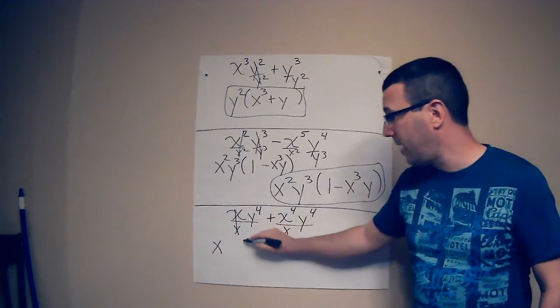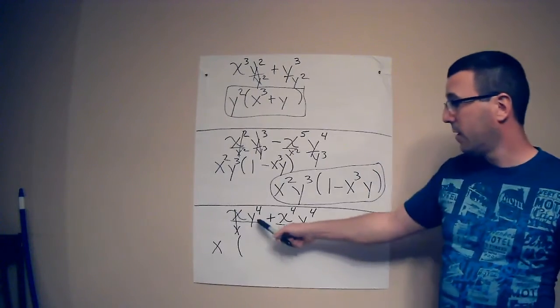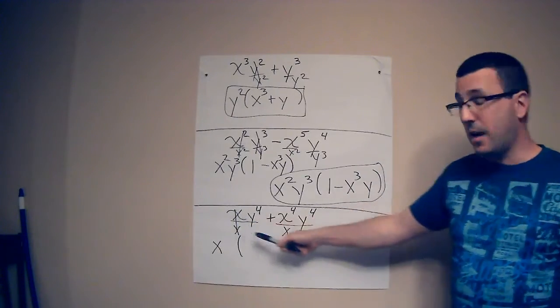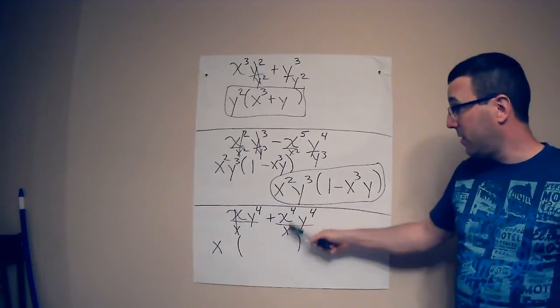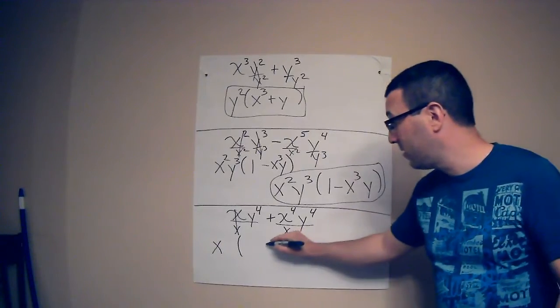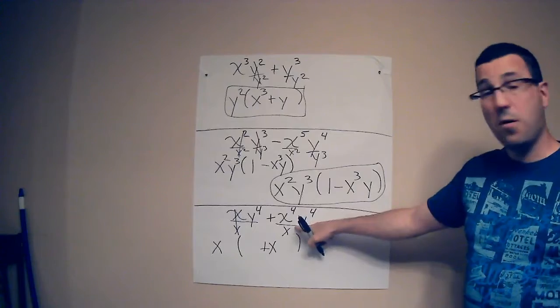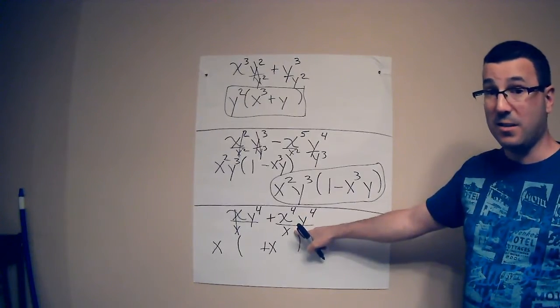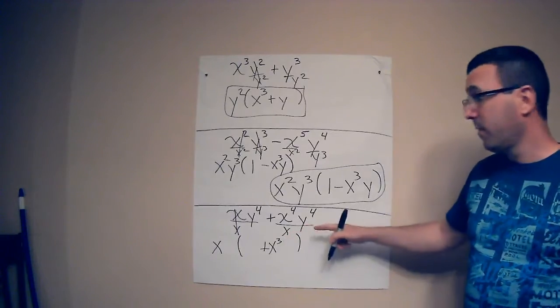This cancels out. Alright, so that cancels out. I haven't worked with the y yet, so I gotta wait. Plus, well, x to the fourth divided by x. I'm still gonna have an x, so plus x. 4 minus 1, because remember, x has an exponent of 1. 4 minus 1 is 3.